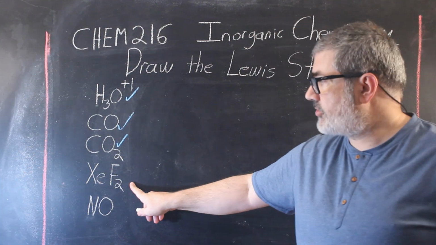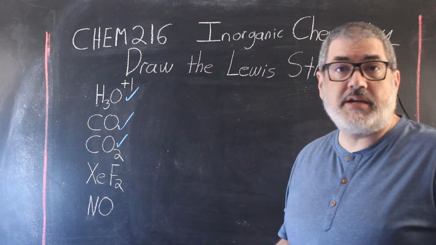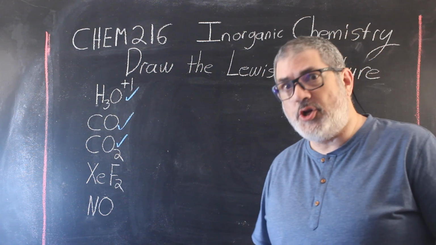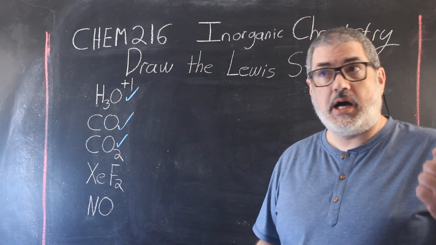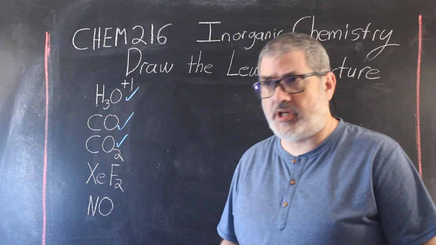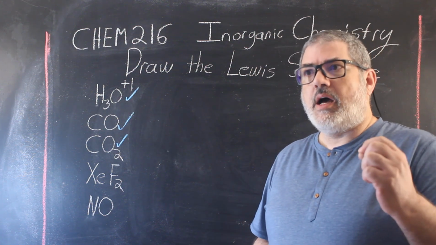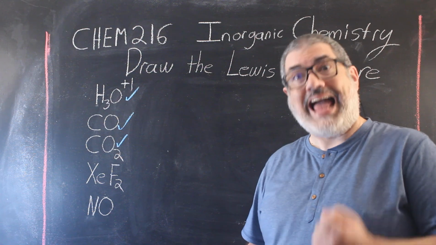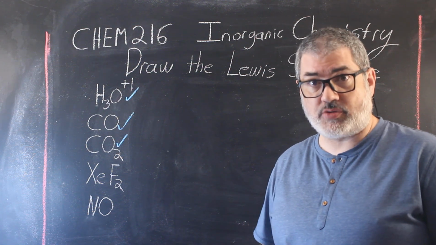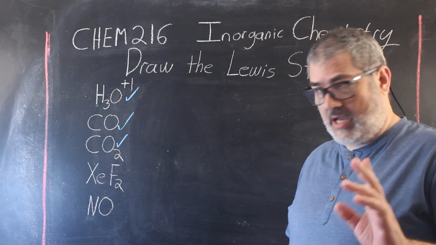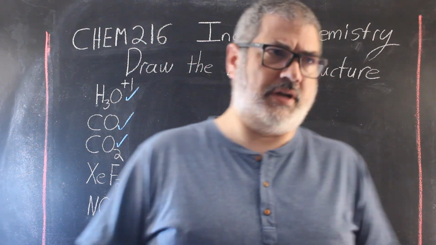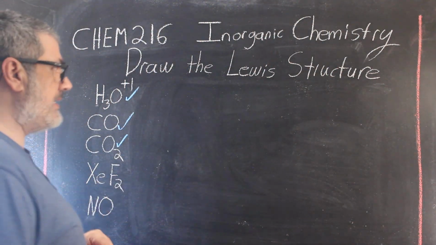For our next structure, xenon difluoride, a noble gas compound. This is something you might have seen in general chemistry, and something we'll talk about in inorganic chemistry, that some of the noble gases actually do possess chemistry, which kind of goes against their name. It's usually the heavier ones, but xenon difluoride.